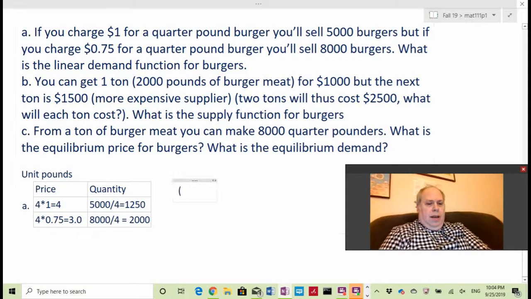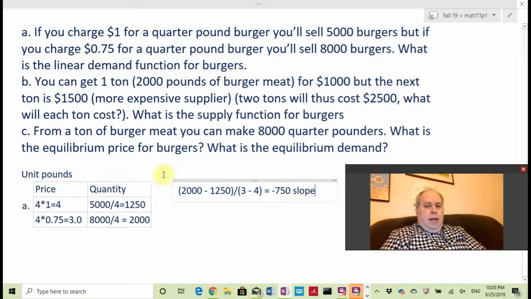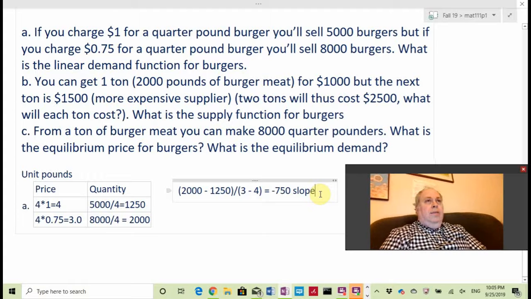So that's going to give us 2,000 minus 1,250 divided by 3 minus 4 as the slope. And it's good that it's negative. Don't lose that negative sign. Positive slopes don't make sense in demand functions.